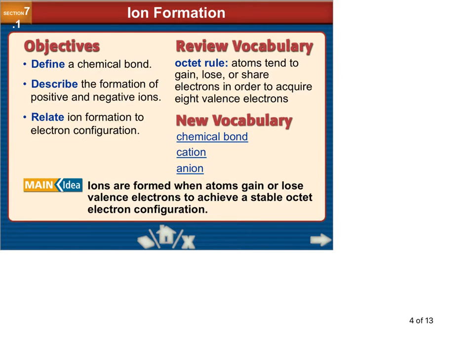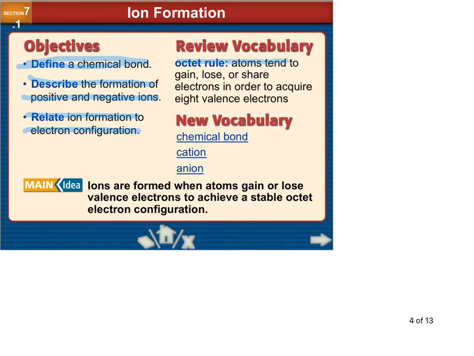So in Section 7.1, ion formation, some things you're going to need to be able to do. You're going to need to know what a chemical bond is. You're going to have to understand how positive and negative ions form, and relate ion formation to electron configuration.